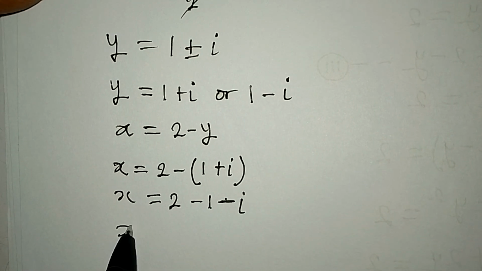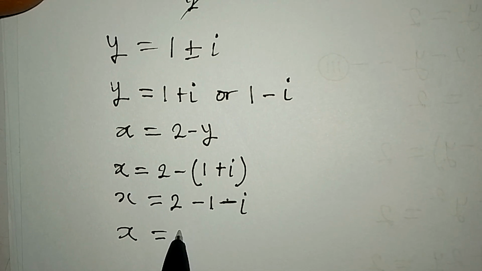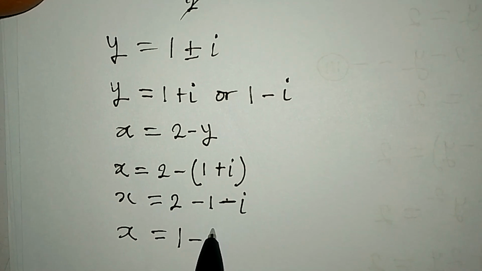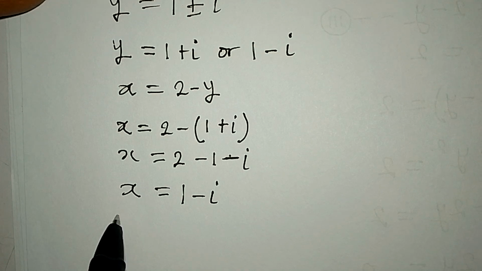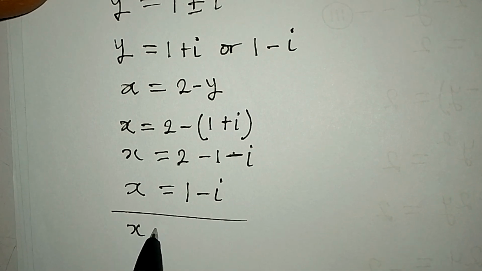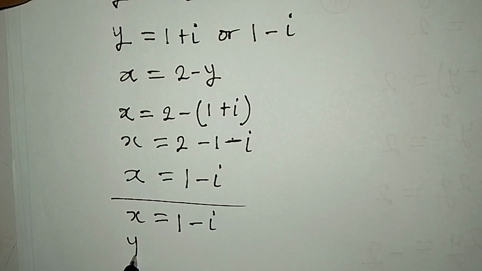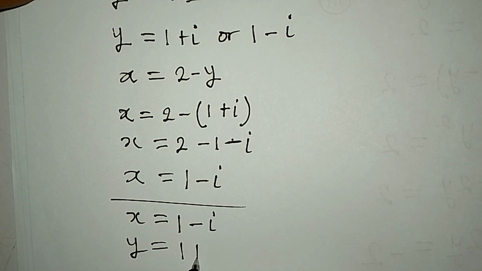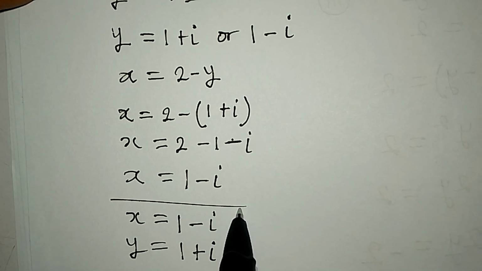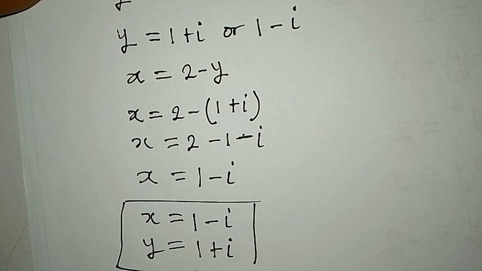So x is equal to 2 minus 1, which is 1 minus i. So what are we saying? We are saying that when x is equal to 1 minus i, y is equal to 1 plus i. So this is the solution.